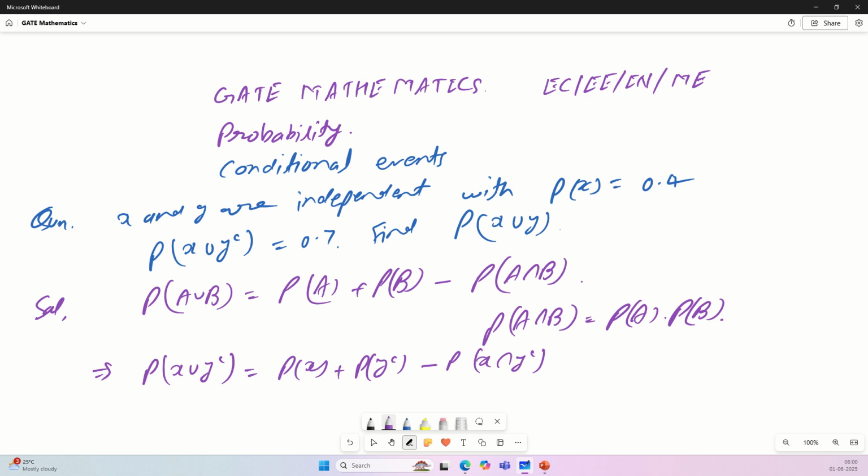So this is going to be 0.7, you know already that this was given as 0.7. From here, I can write probability of Y complement, because we don't know that, minus probability of X intersection Y complement is equal to 0.7 minus probability of X, because probability of X I have taken to the right side.